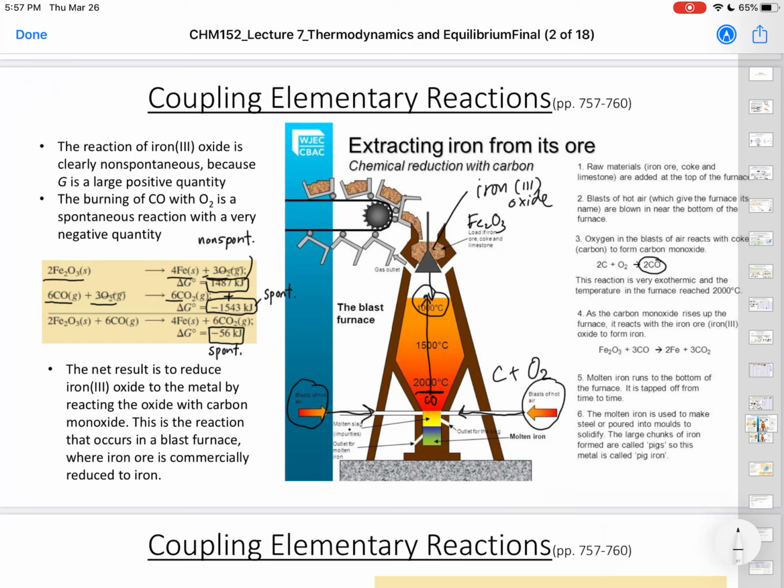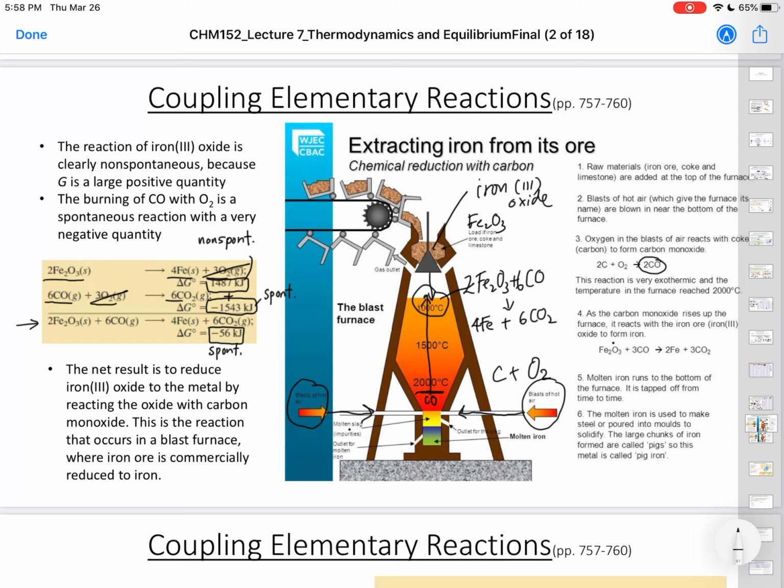I shouldn't say it's the first reaction, I should say it's the overall reaction, okay? Because if you look back at your original equation, your 3 O2s do cancel out. This is where your overall reaction is happening, where your Fe2O3 is reacting with your carbon monoxide.